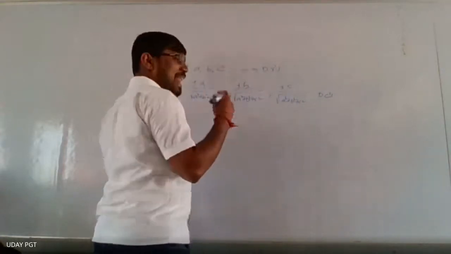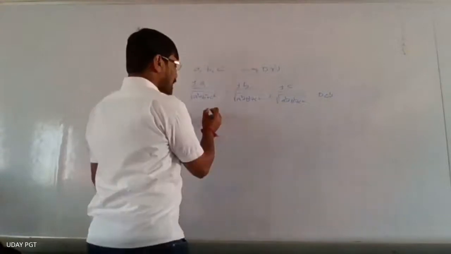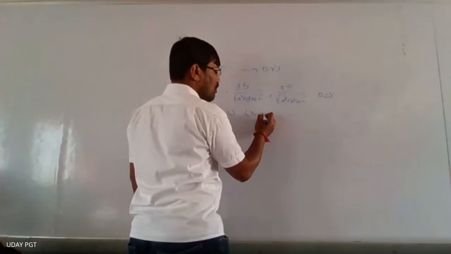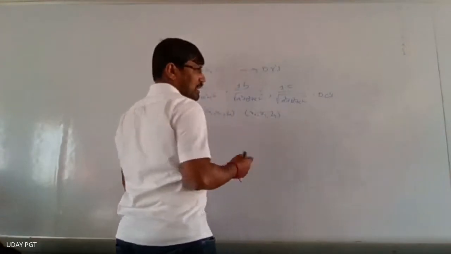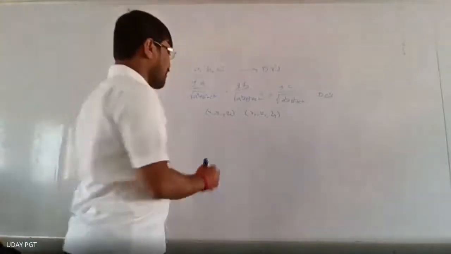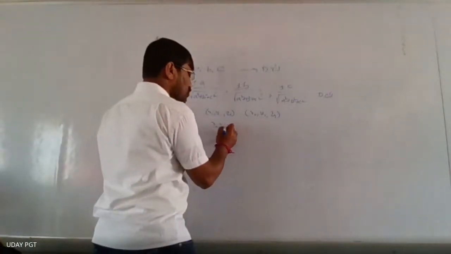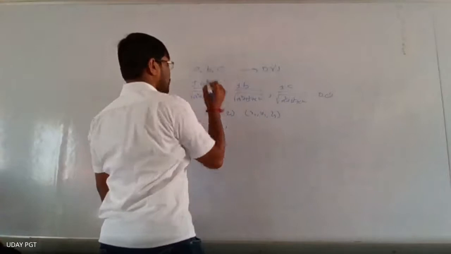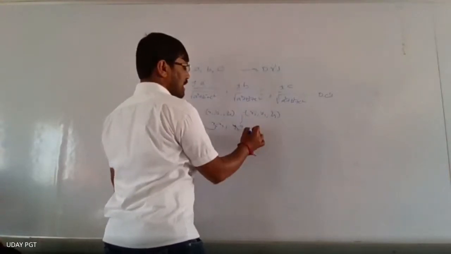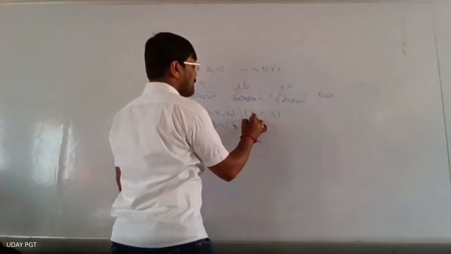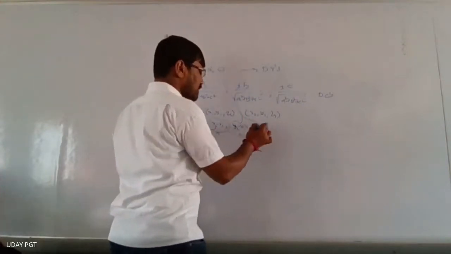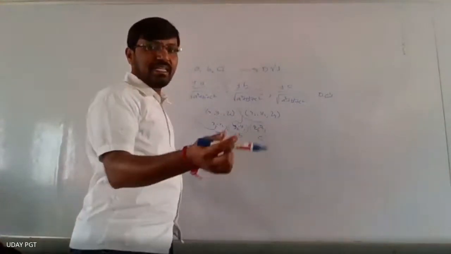Suppose any line is given to you, with 2 points on the line given as x1, y1, z1 and x2, y2, z2. The direction ratios of the line passing through these 2 points can be found just by subtracting: x2 minus x1 is A, y2 minus y1 is B, and z2 minus z1 is C. So this is A, this is B, this is C, and from A, B, C you find direction cosines.